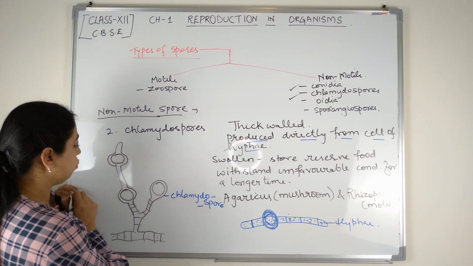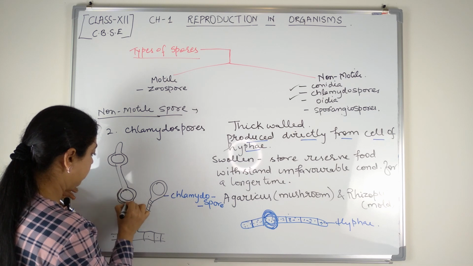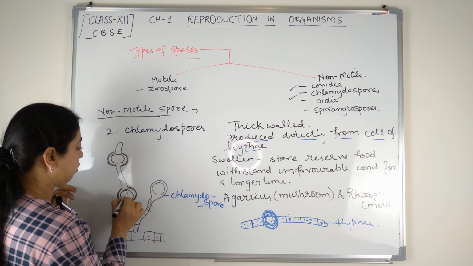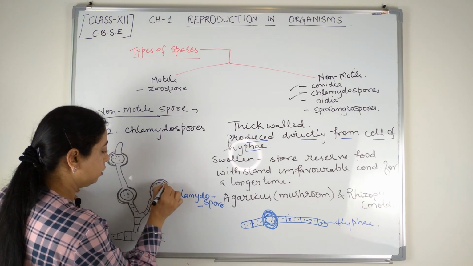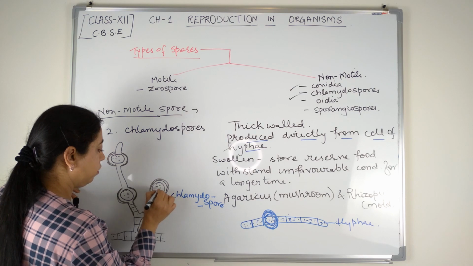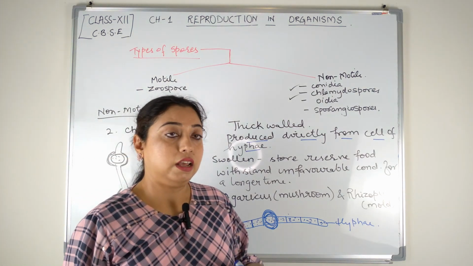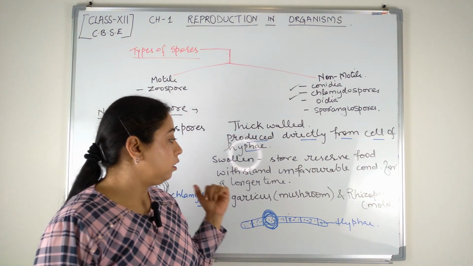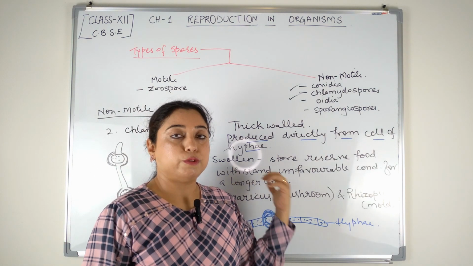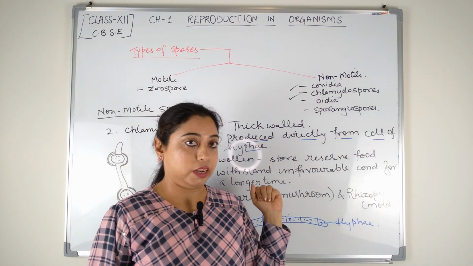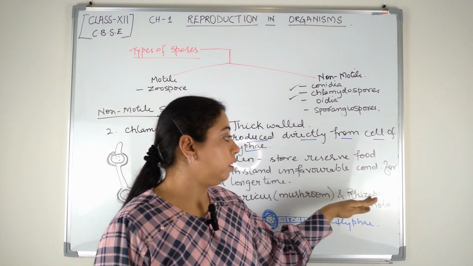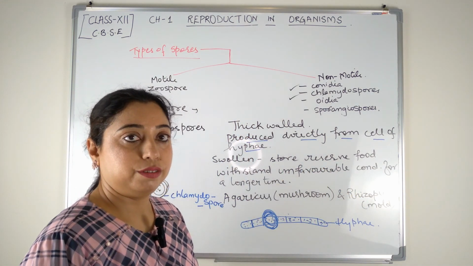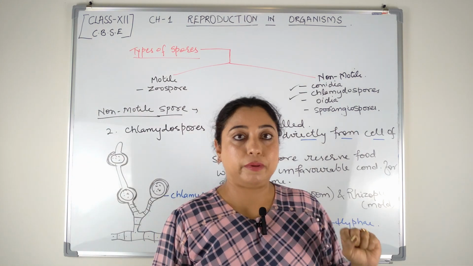This hyphal cell also got transformed into a chlamydospore, and they have a thick wall. They are swollen because they have a large amount of reserve food material. As they have a very thick wall, they can withstand unfavorable conditions for a very long time, right? In mushroom and in the mold, these chlamydospores are very common, right? So this is about the chlamydospores.